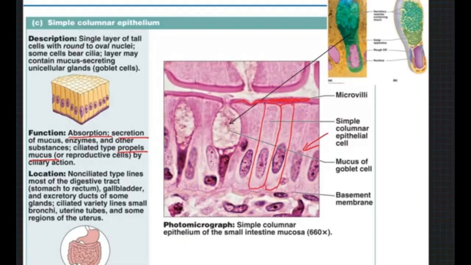If there are patches of no cilia, the egg cannot move properly, which means a woman may develop infertility, or maybe even worse, ectopic pregnancy. When, due to the slow movement, the fertilized ovum develops into an embryo, not in the uterus, but in the fallopian tube. Okay? Make sense? Okay.